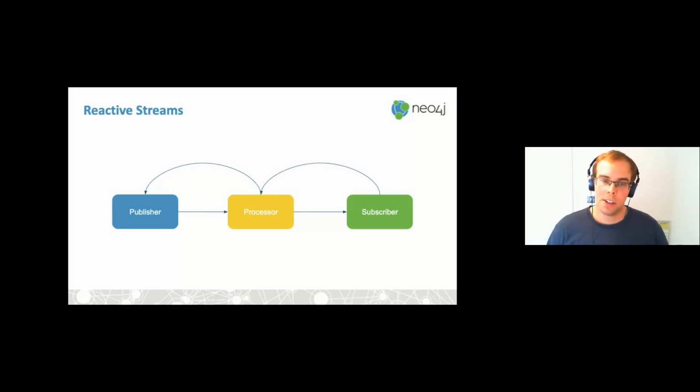So the flow of data through the whole chain is driven by that final stage, that subscriber at the end. This is very useful because the whole chain is driven by the final bit that needs to actually use the data.